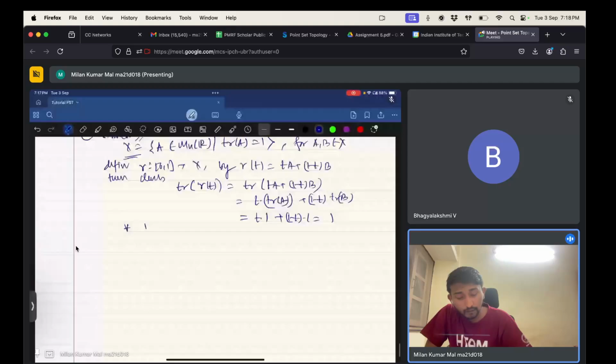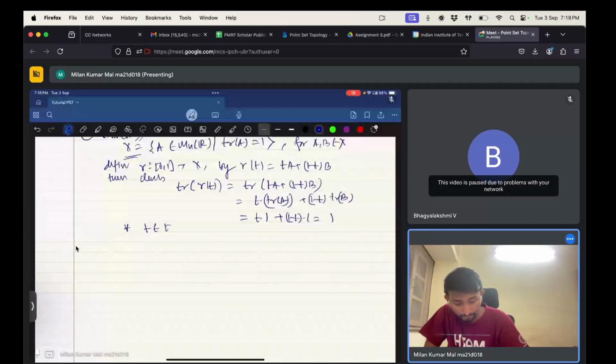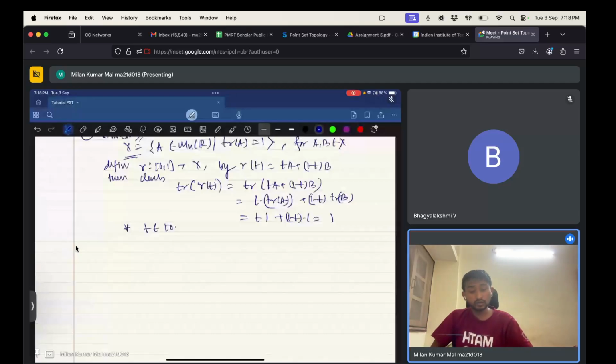That means gamma(t) belongs to X for all t in [0,1]. So that means we can connect A and B by a continuous path in X. Why am I writing in X? Because for every t, gamma(t) should be an element of X.